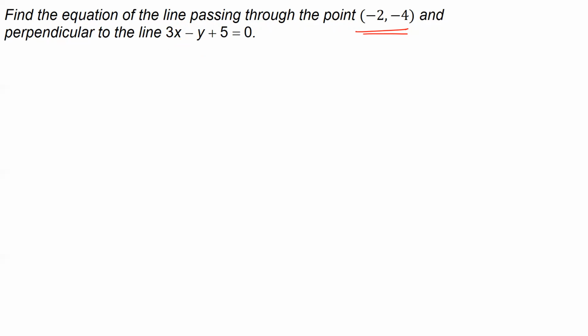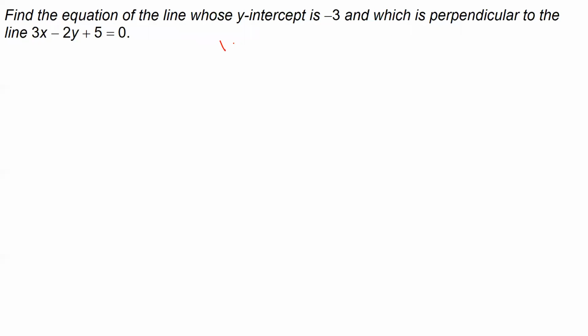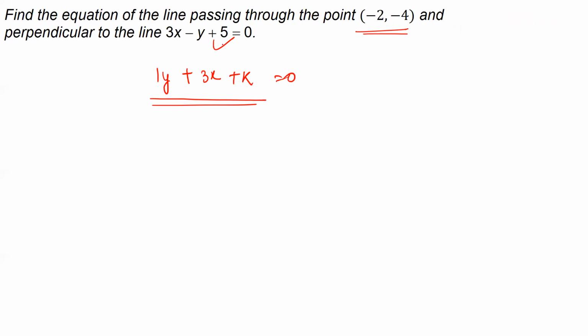So our required line will be something like 1y and 3x. Here it is minus, so we'll take plus, and then plus k is equal to 0. So these are all the lines which are perpendicular to this given line.